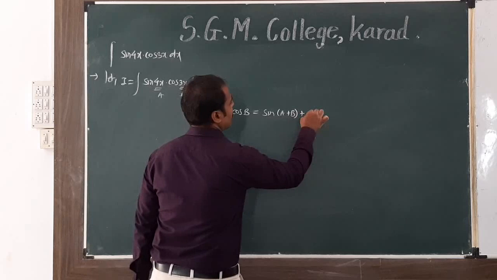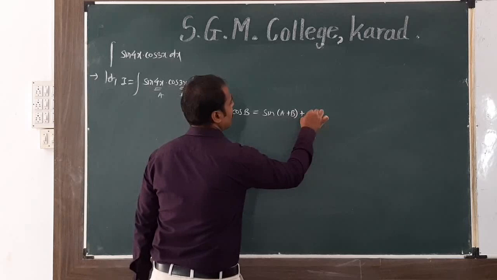If a linear expression is there, we use the corollary. If integration of f of x dx is phi of x, then integration of f of ax plus b dx is equal to phi of ax plus b divided by the coefficient of x, that is a, plus constant of integration. So I can write integration of sin 7x as minus cos 7x divided by 7, plus, tell me, integration of sin x, it's minus cos x.